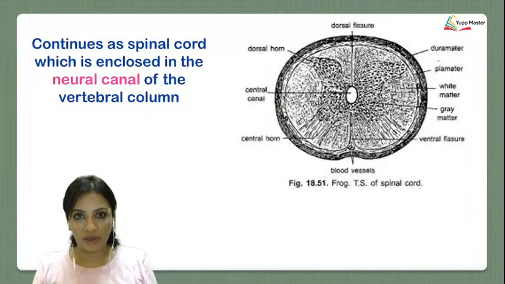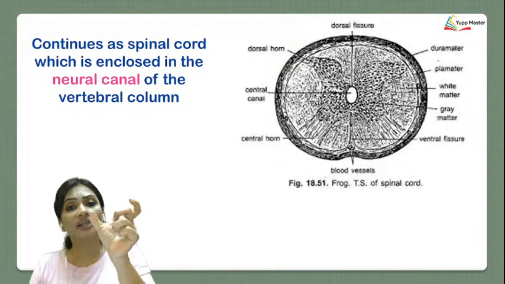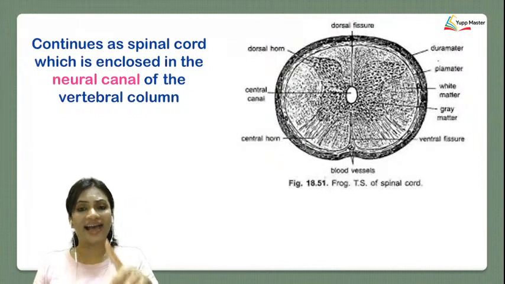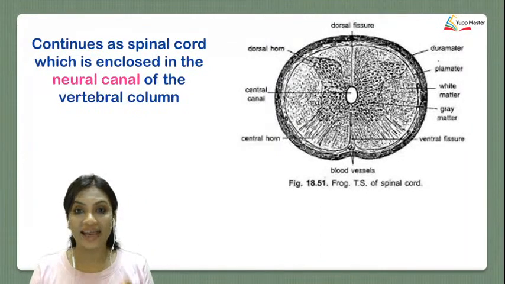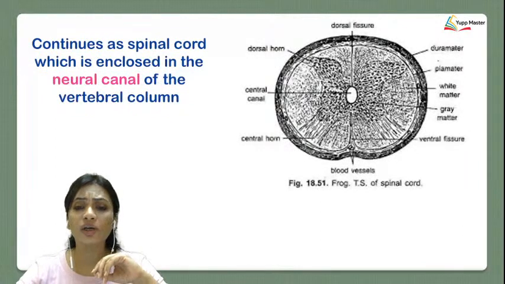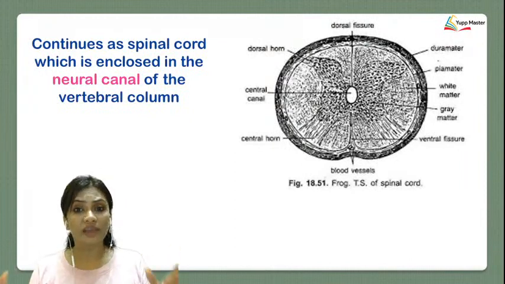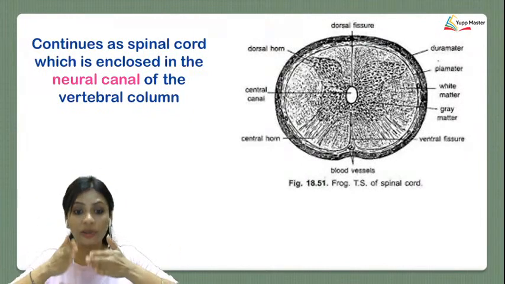Alright, next, look at this over here. After the medulla oblongata comes out through that foramen magnum, it is going to continue further down as the spinal cord. And remember one thing, where is the spinal cord found? Even the frogs are vertebrates, aren't they? So if they are vertebrates, they have a vertebral column.